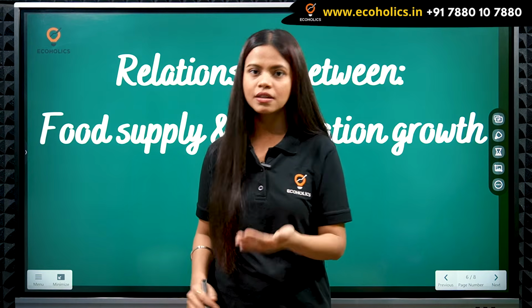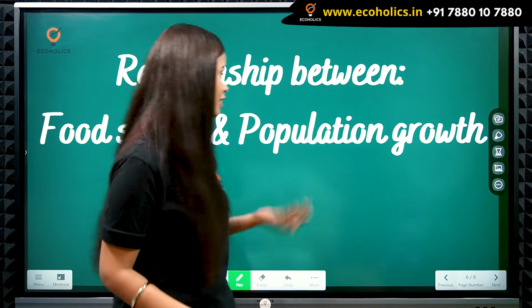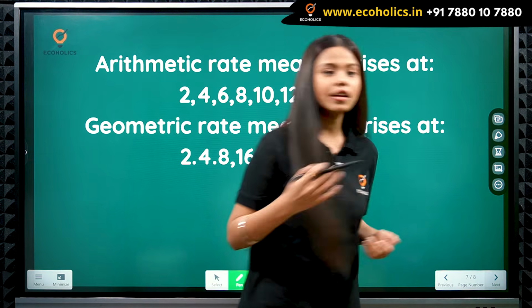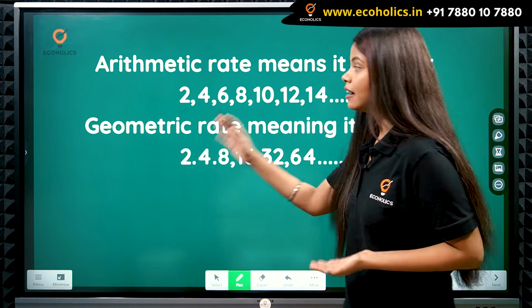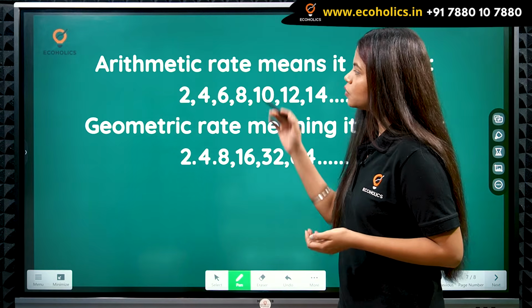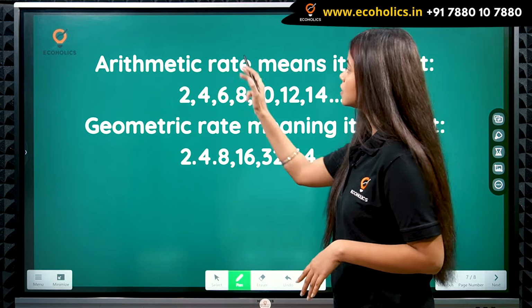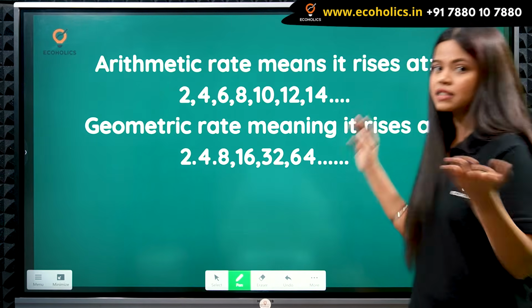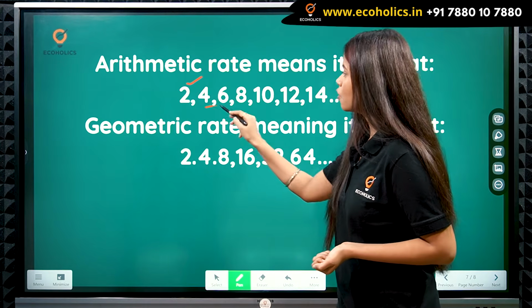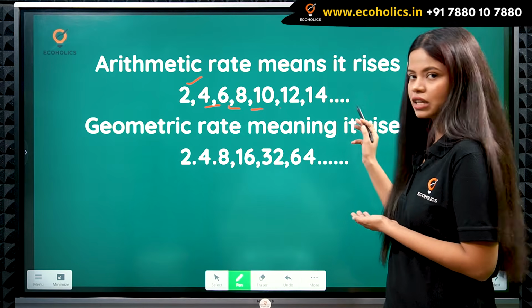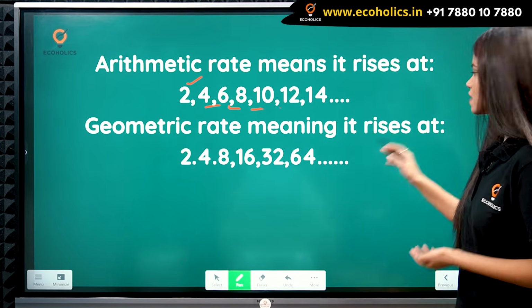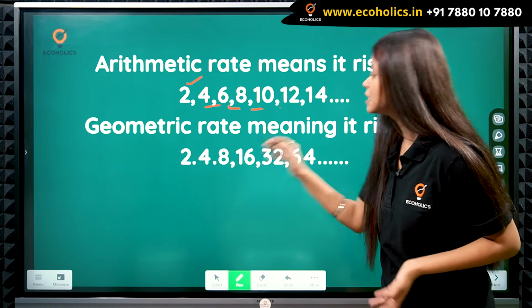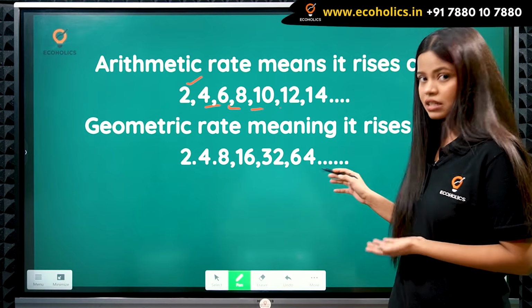According to Malthus, the food supply increases at an arithmetic rate, whereas the population growth increases at a geometric rate. Arithmetic rate means it rises as 2, 4, 6, 8, 10, 12, 14, whereas geometric rate means it rises as 2, 4, 8, 16, 32, 64.